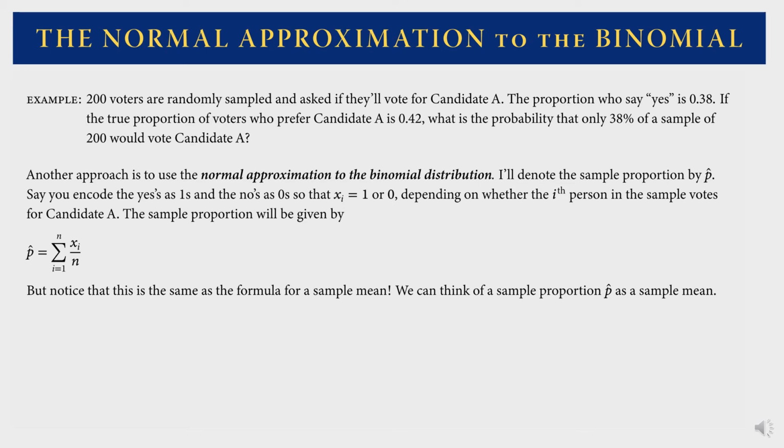Here it is with the normal. If you encode success as 1 and failure as 0, then the proportion of successes is the sample mean. Here's what I mean by that. Say you have a sample of 4.